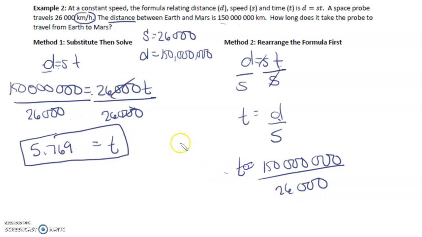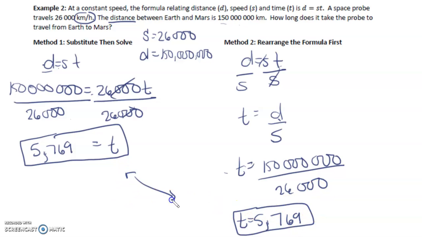And again, these were the exact same, so we're going to get t equals 5.769. No, that's a comma, sorry, for our t. So therefore we can see that it's the same answer. Okay, it doesn't matter if you sub in first, then rearrange, or rearrange and then sub in after.